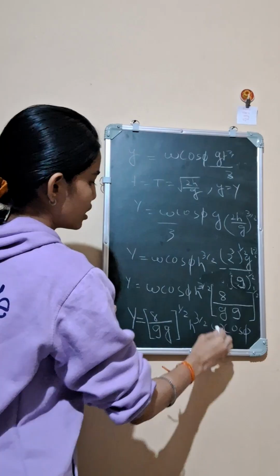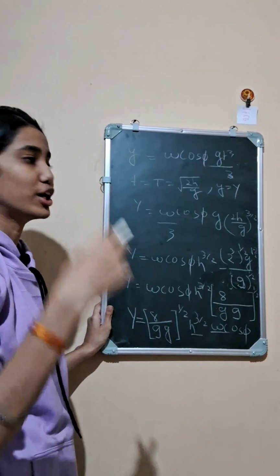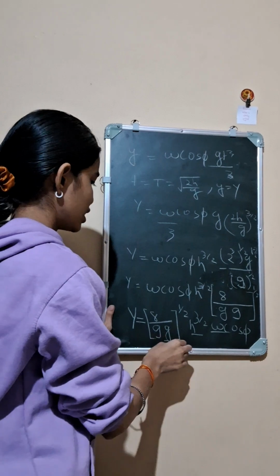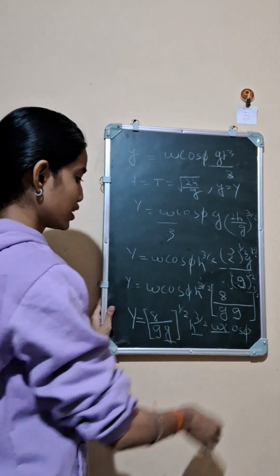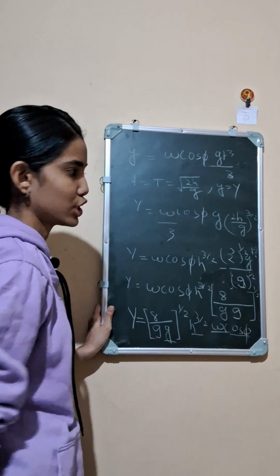You know that omega is the angular velocity of the earth, h is the height from which we are dropping the body, g is the acceleration due to gravity, cos phi is the cos of latitude.